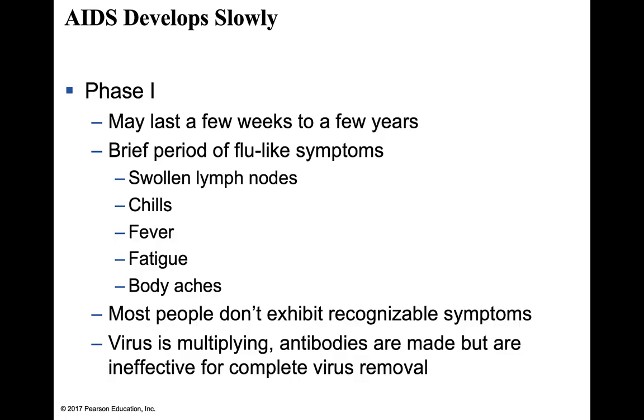Patients will experience chills, fever, fatigue, and body aches. Once again, none of that is really different from flu or other mild virus cases, so most people don't exhibit recognizable symptoms. At this time, the virus is multiplying, antibodies are being made, but not enough, and it's ineffective for complete removal of the virus.